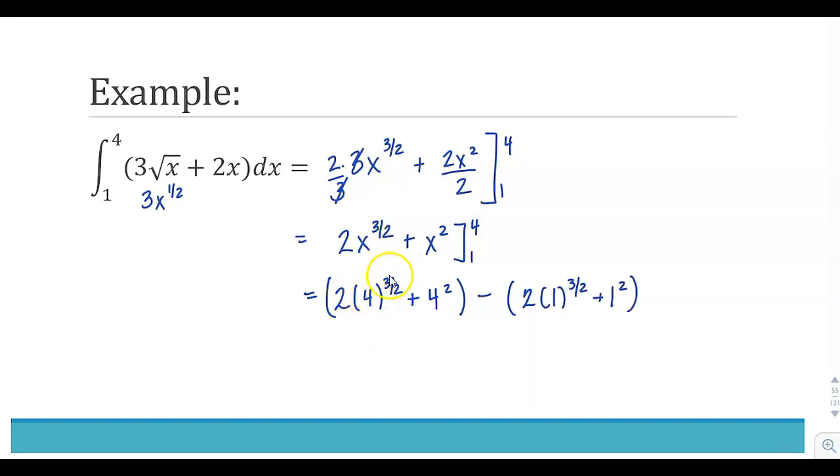So here we have 4 to the 3 halves, that's the square root of 4, which is 2. 2 cubed is 8. So inside of here I have 2 times 8, that's 16, plus 16, minus here I just have 2 plus 1. So I have 32 minus 3 for an answer of 29.